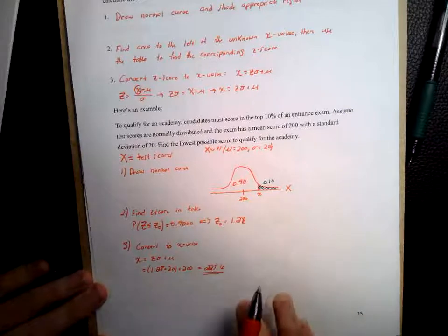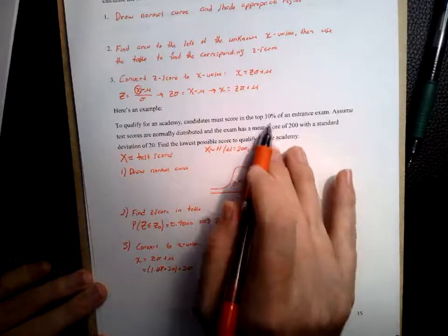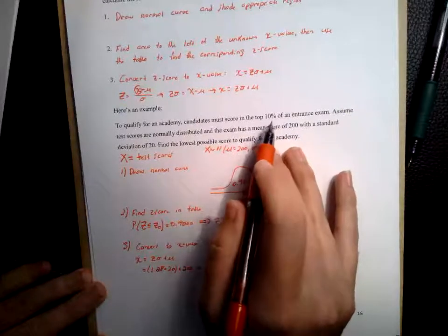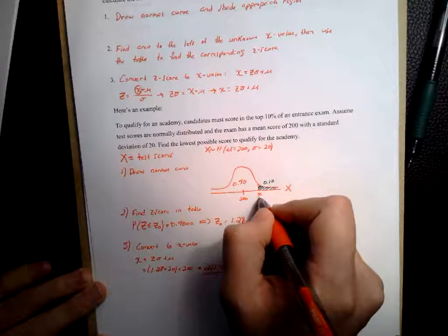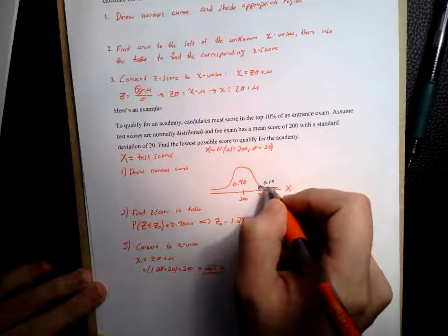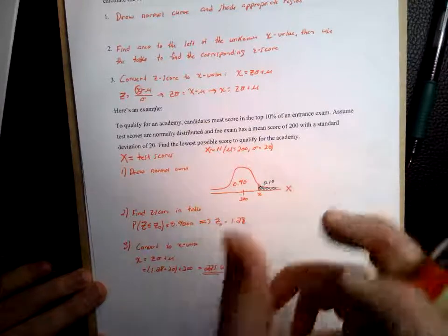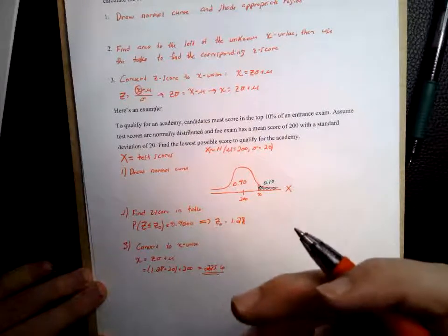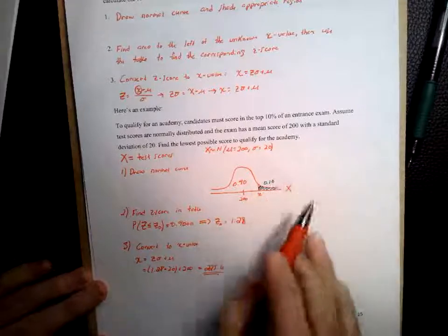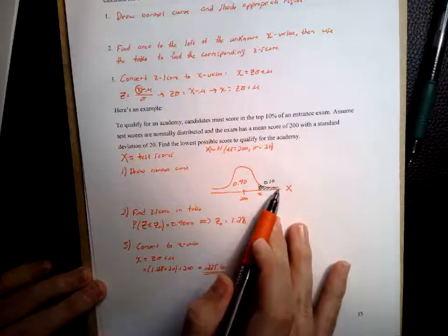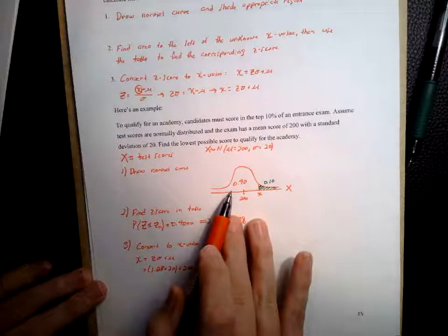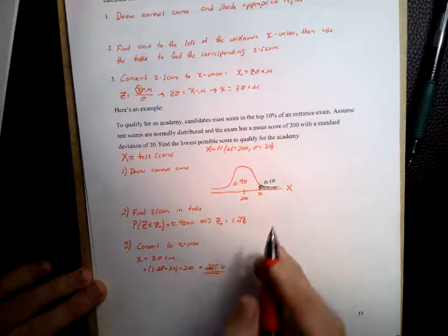So again, let's go through the logic here. In order to qualify for the academy, you need to score in the top 10%. So that means you need to have some score such that 10% of the people are above that score. So the area to the right of this score should be 0.1, and the area to the left is just 1 minus that.